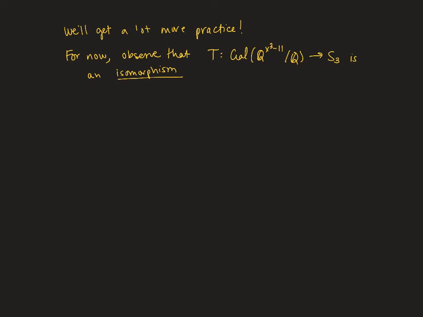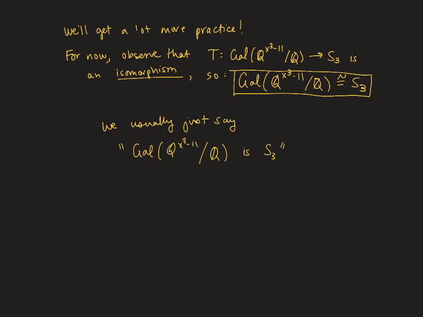The way that we use this is to identify the Galois group of Q adjoin the roots of x cubed minus 11 over Q by saying that the Galois group is S3, because as algebraists, we really only care about the algebraic structure. And that's really nice because as a group, S3 is much nicer to deal with than a group whose elements are automorphisms of some field that fix some base field.